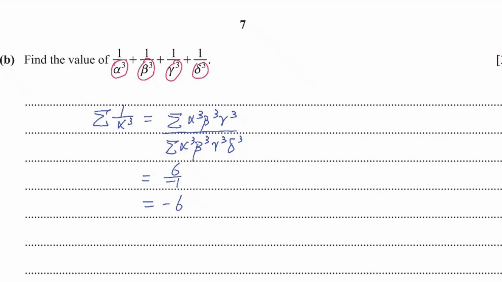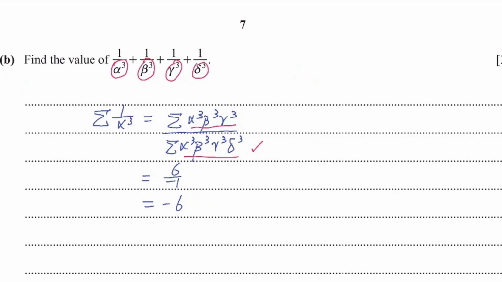So everything should come from the new equation. Once we combine them, the denominator is the product of all the roots, which comes from the new equation. The numerator is the sum of the products of any 3 roots, which comes from the new equation.